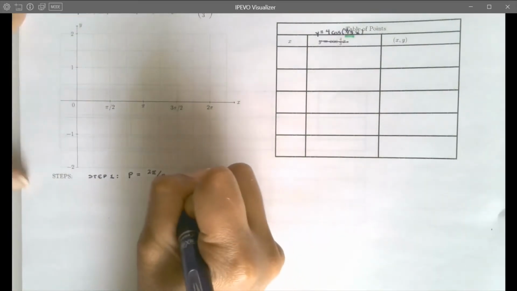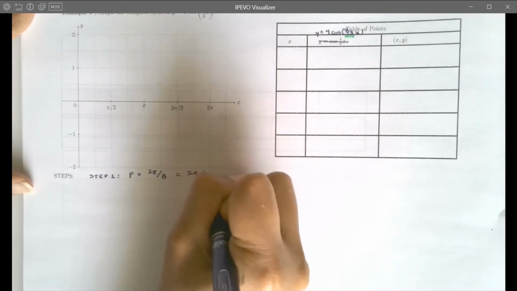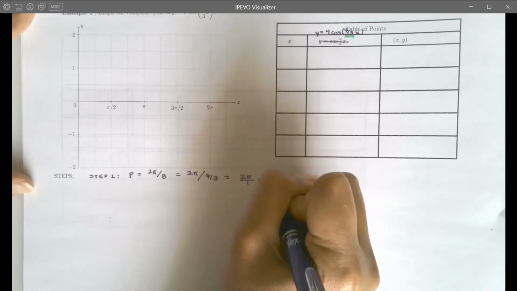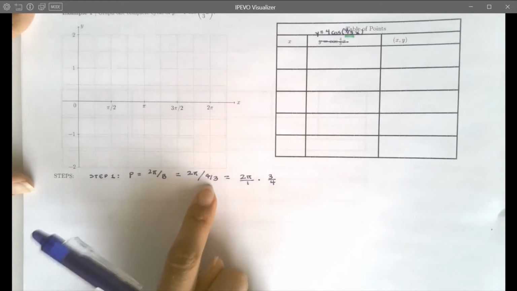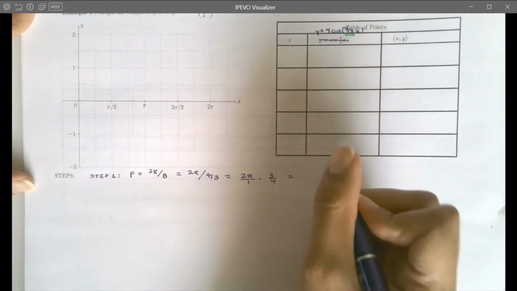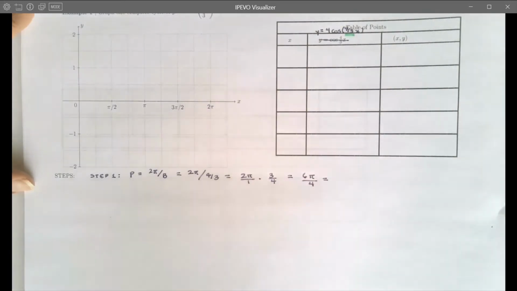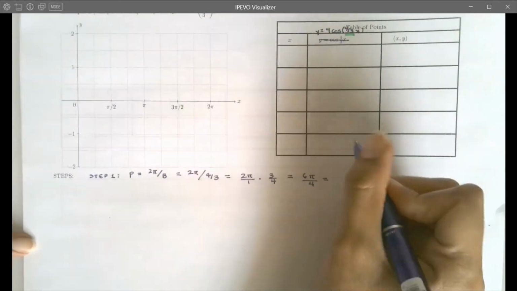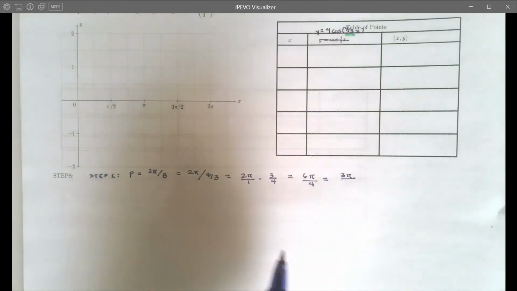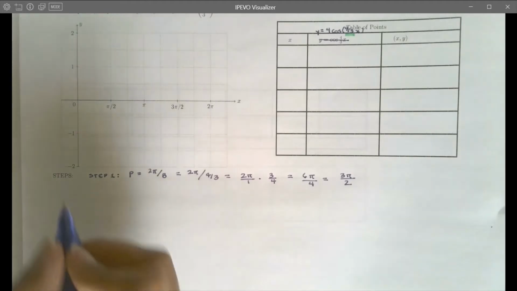So the period is 2 pi over 4/3, which is 2 pi over 1 times 3 over 4, because we're simply multiplying by the reciprocal of 4/3. That gives us 6 pi over 4, which if we divide top and bottom by 2, gives us 3 pi over 2. So we have a period of 3 pi over 2.